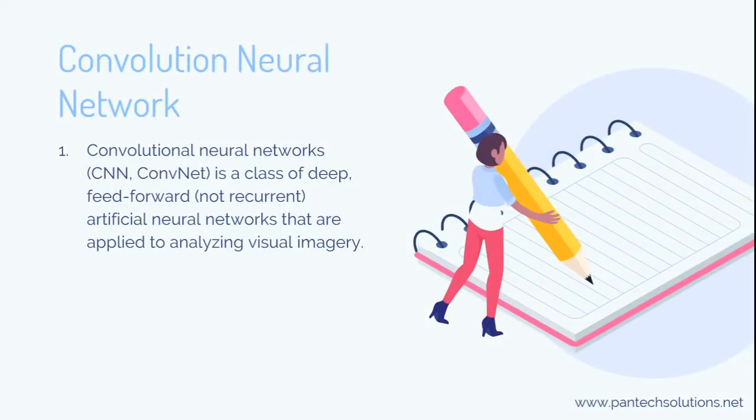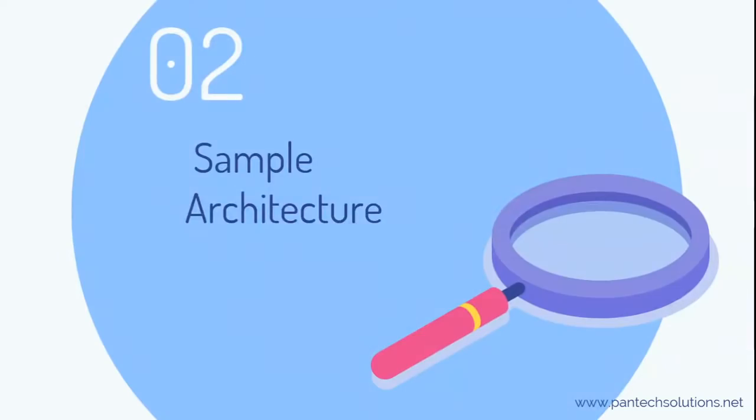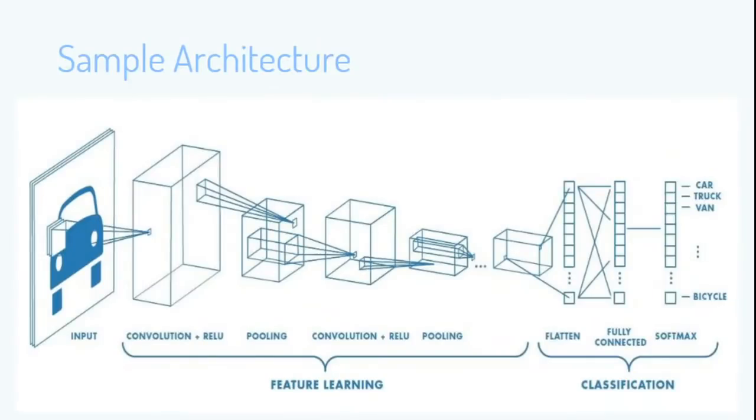A convolutional neural network is one type of deep learning algorithm used to read and analyze images and give the prediction result for an image. This is the sample architecture of our convolutional neural network. When you give the input image, it takes some important pixel values using the convolution layer and ReLU activation function.